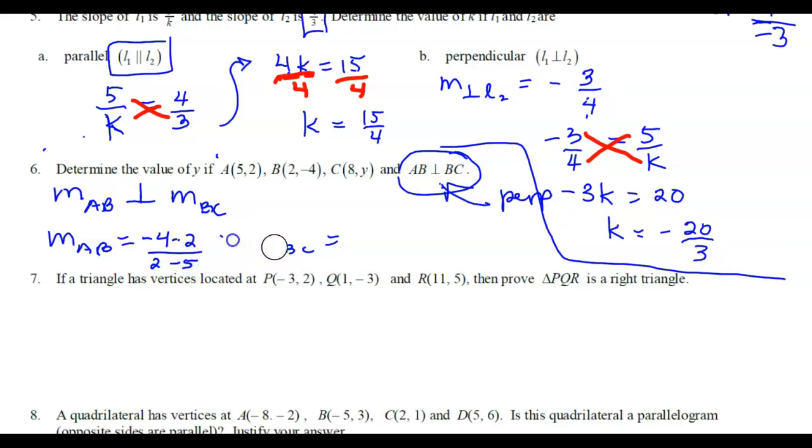I'm just going to move this. Okay, so then when we do that, that's negative 6 over negative 3, which is positive 2. Or maybe do the other one in a different color so it's easier to see. So slope of BC is going to be y minus negative 4 over 8 minus 2.